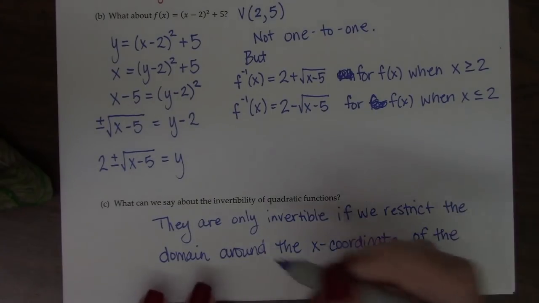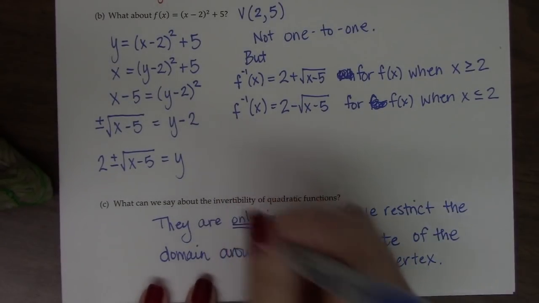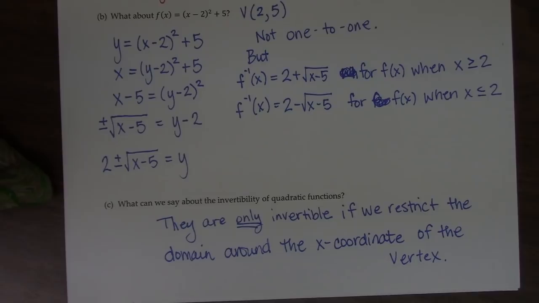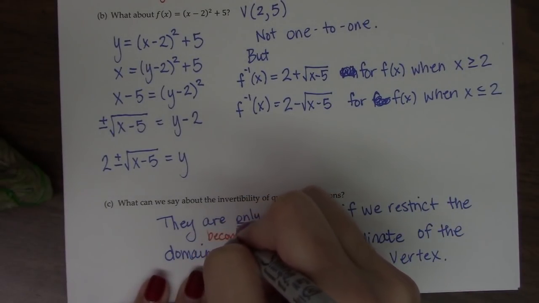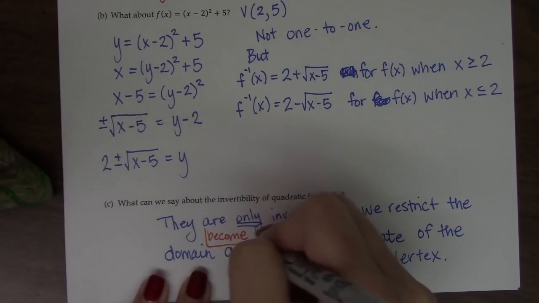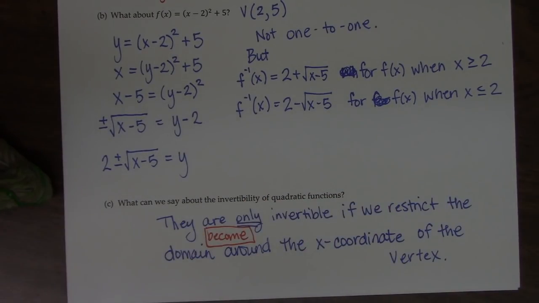We don't really need to say they're only invertible. I think the better way of saying that might be they become invertible if you do that. Technically speaking, there's more than one way to make this 1-to-1, but the biggest possible domain you can have is if you restrict it around that vertex.